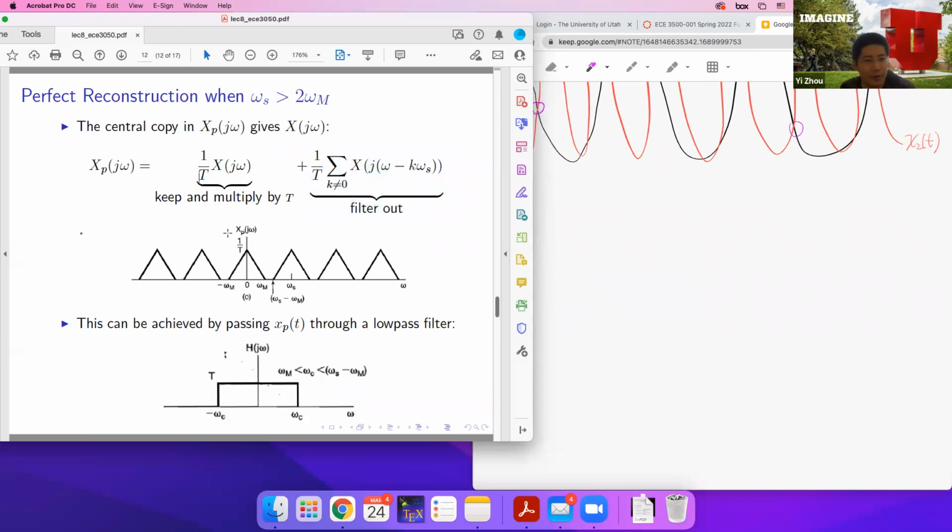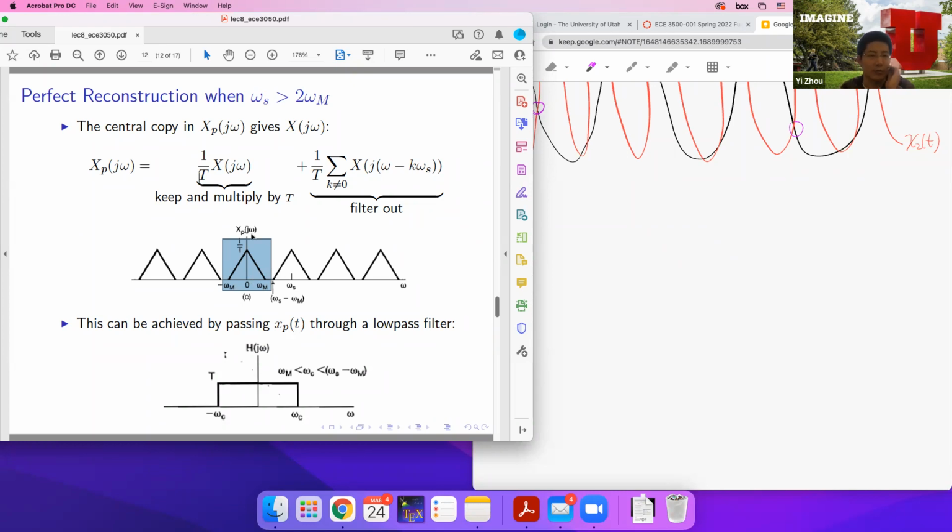From this picture, you can see that the low-pass filter, of course, has to be a rectangle filter, and the cutoff frequency must satisfy a certain criterion. From the figure, you can see that this rectangle has to cover the entire first copy, and also not touch the second and the third copy.